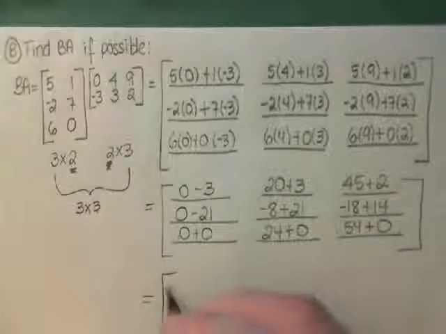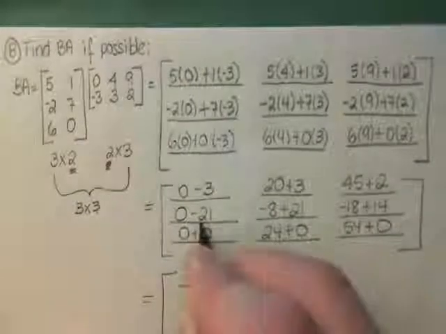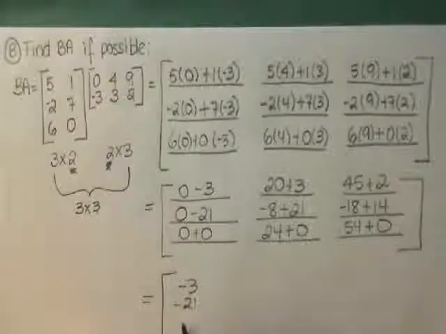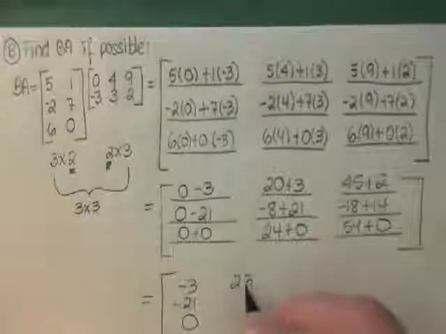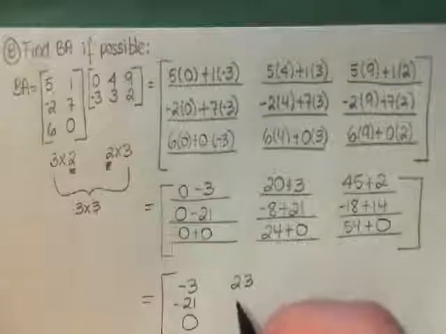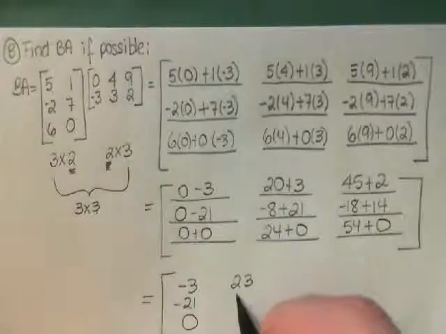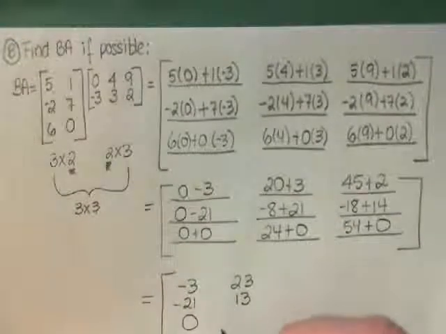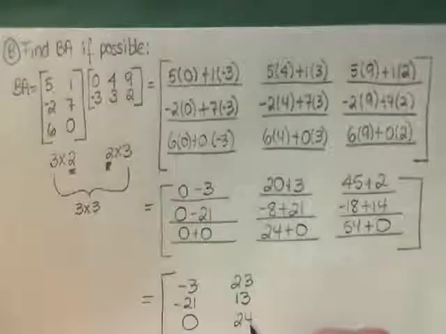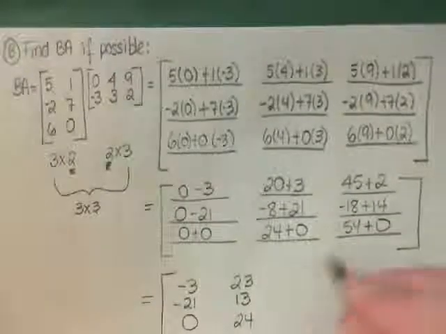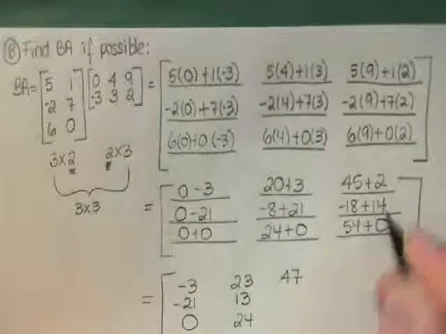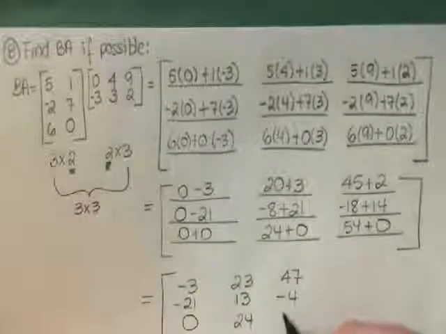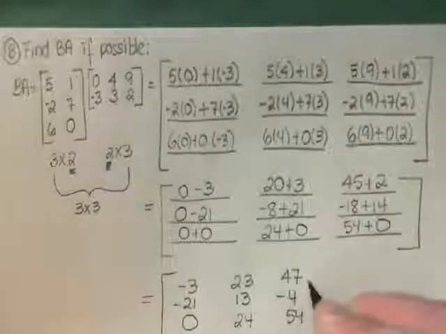So this would be -3, -21 and 0. This would be 23, 13 and 24, and this would be 47, -18 plus 14 is -4, and this would be a 54.